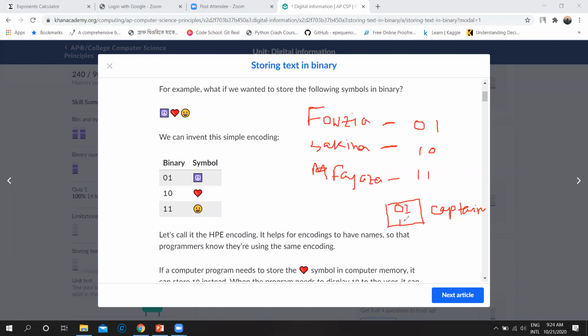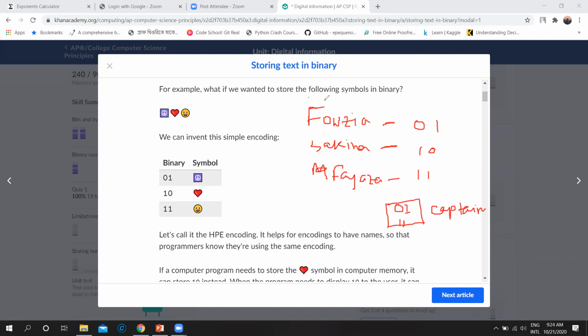So who can understand it? The captain can understand it because he has the code. He understands who is Faujia, who is Sakina. So what will make it easier? I hope I can give you some idea about this. In my memory, or in my notebook, I don't have to write the whole name Faujia.